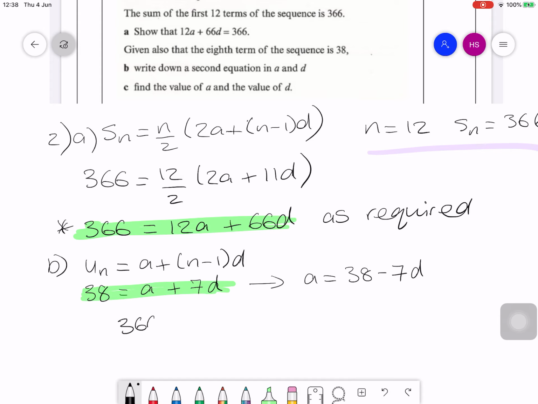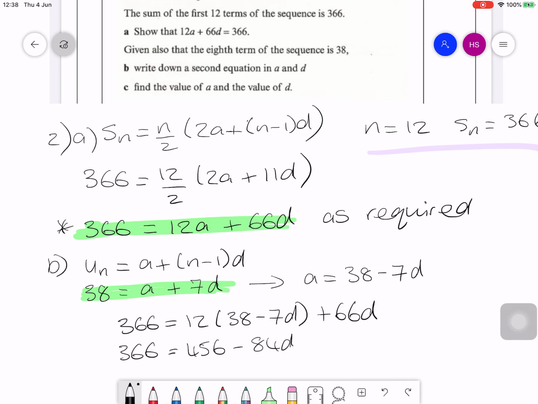So that would give me 366 equals 12, and then for a, I'm substituting in 38 minus 7d, and then the plus 66d, so 366 is 12 times 38, so 456 minus 84d plus 66d.